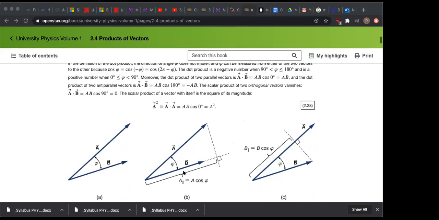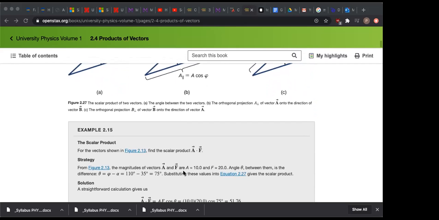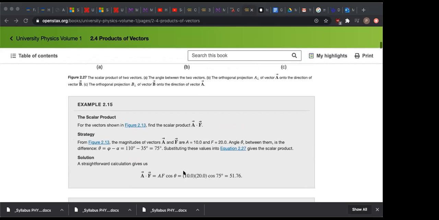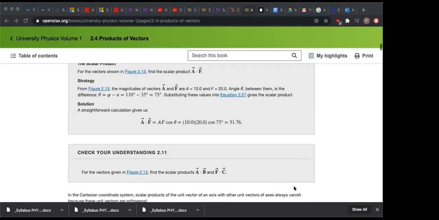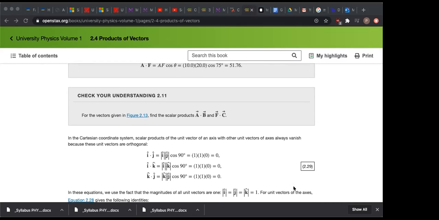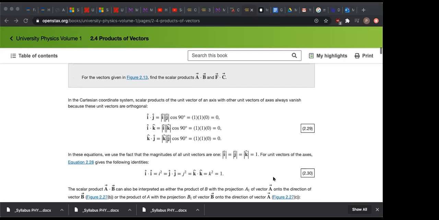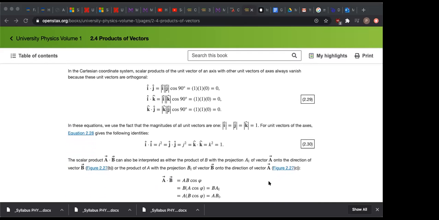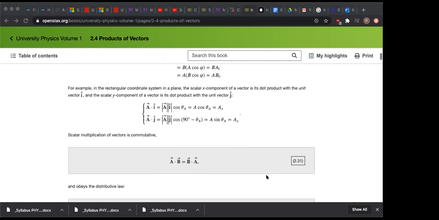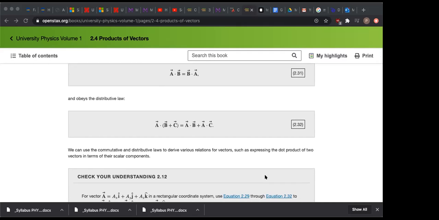The other way that you can do the dot product is using the components of the vector. So here they show an example of 2 vectors with an angle between them. They go ahead and use that form of the dot product and calculate that number right there. But the other way to do it, if you know the components of the vector, you can do this as well. To use the components of the vector to calculate the dot product, what you do is you take the x component times the x component.